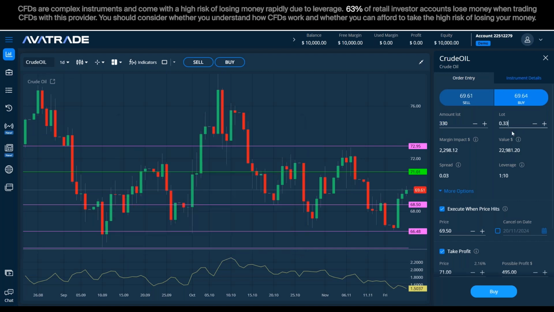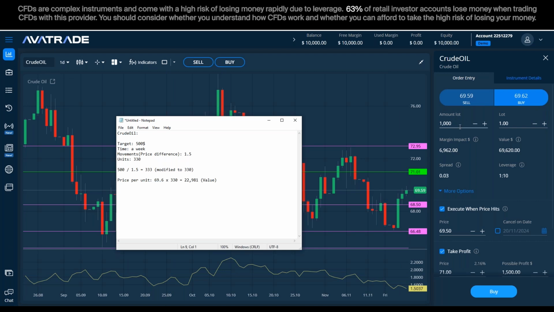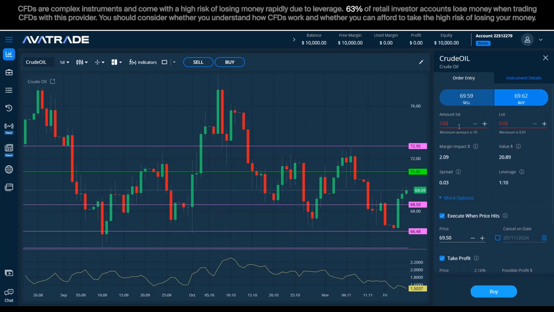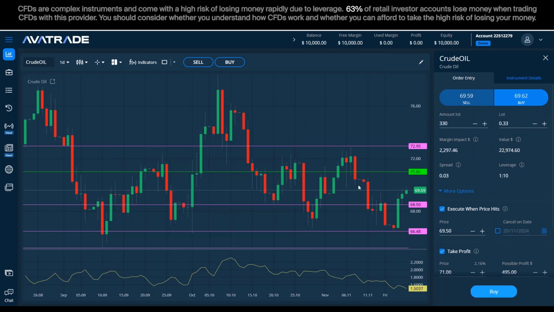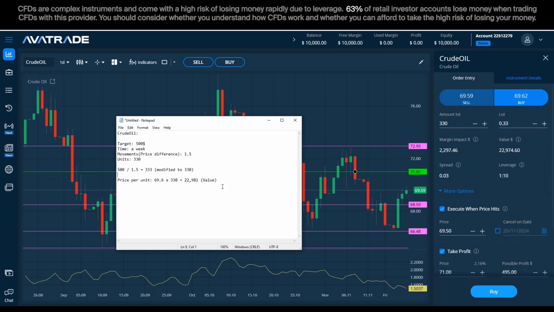So if this were one lot, we would multiply that value by 1,000, and of course 69.6 times 1,000 is worth 69,600. Okay, and since we have 330, the value is 22,974, or the value written here.